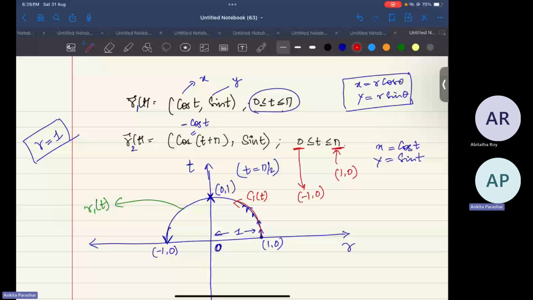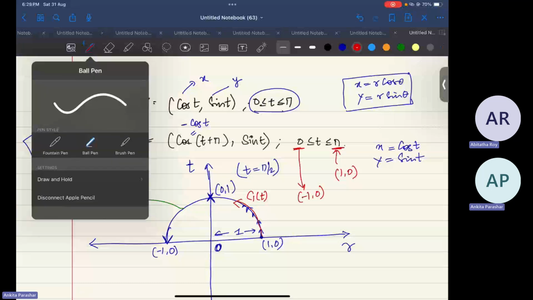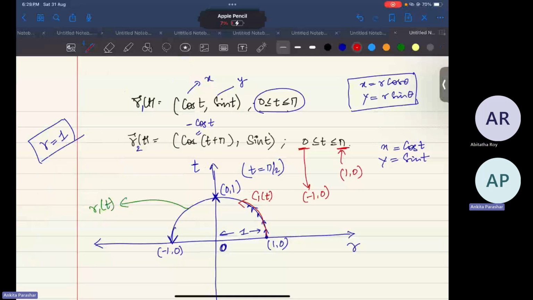Now, can you tell what is the path? It is just the opposite of the curve r1 in terms of parameters. This is the whole point here. Notice that the path is the same, but the direction is this. Therefore, directions are different, but you are moving with the same force, along the same length of the curve.